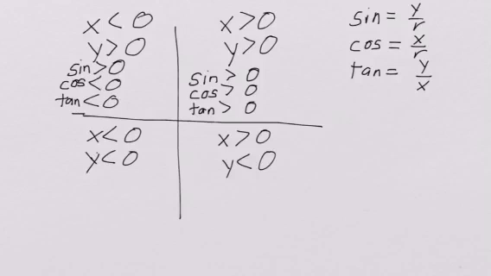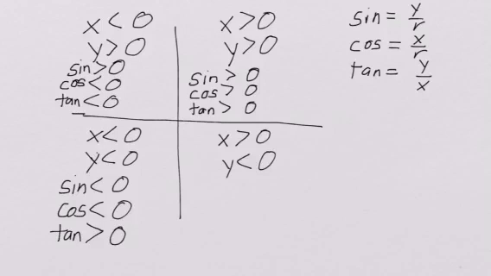Third quadrant, with both sine and cosine, we're dividing a negative number by a negative number. So sine is going to be less than 0, and cosine is going to be less than 0. However, tangent, we're dividing a negative number for y by a negative number for x. You'll recall if I divide a negative by a negative, that gives me a positive number.